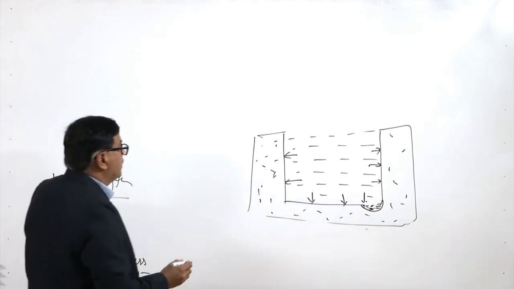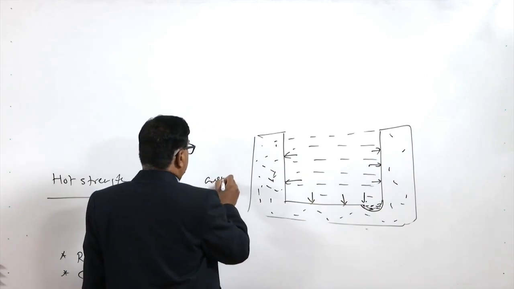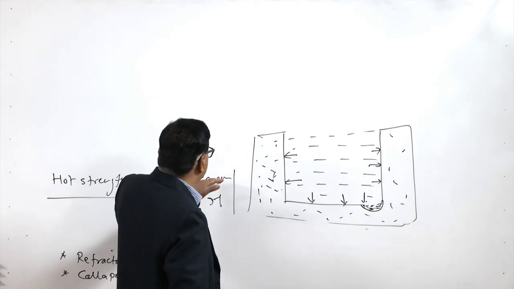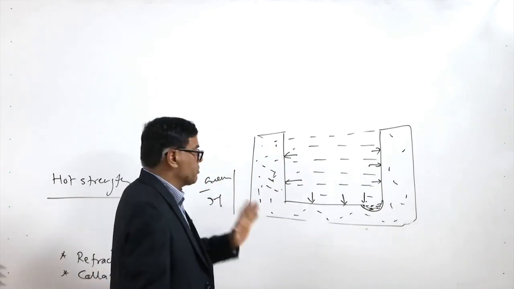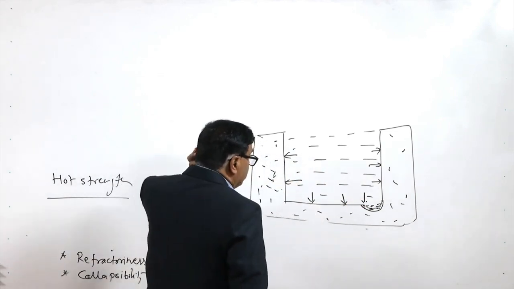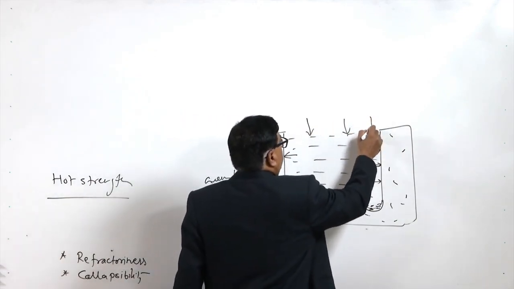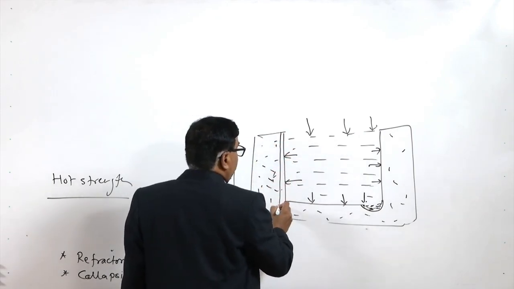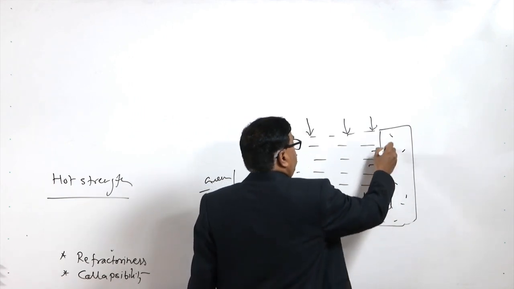We know that whenever any mold is prepared, whether it is green or dry, green mold is when moisture is present and dry mold is when moisture has been driven off. So the mold does not have any moisture, but when the molten metal is poured into the mold, the temperature of the skin of the mold increases up to the temperature of the molten metal.